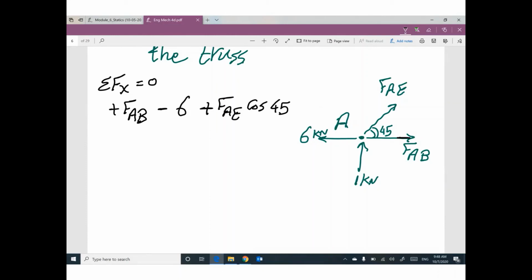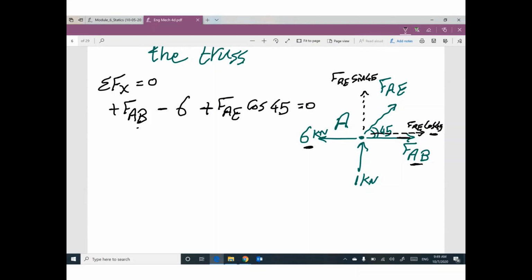This force will have 2 components, one horizontal and one vertical. The horizontal component will be FAE cosine 45. The vertical component will be FAE sine 45. So anything in x will be this one and this one. Make sure you are using the correct sign. Equals 0. How many unknowns? 2, this one and this one.